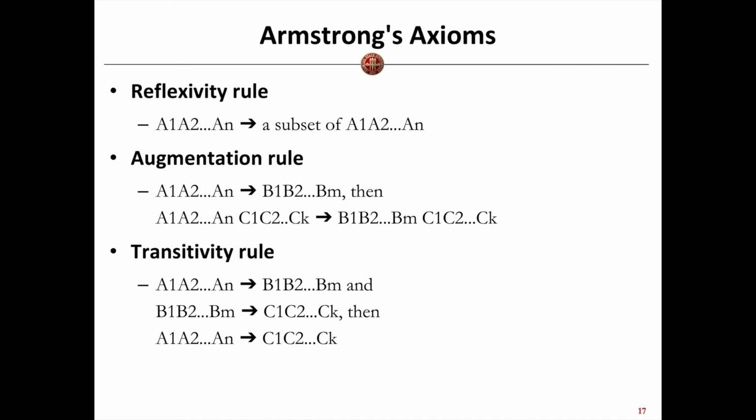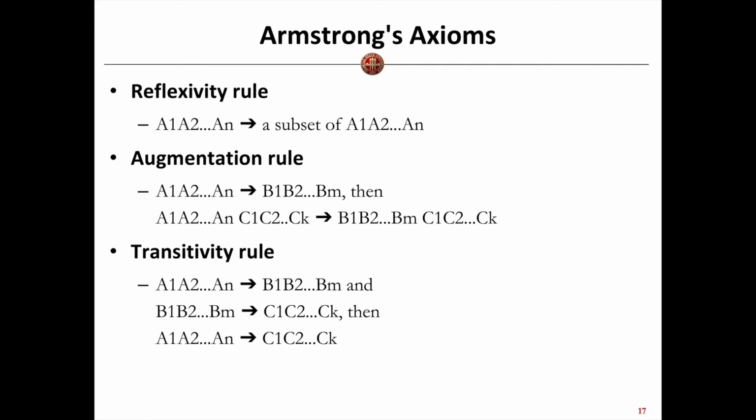And the second one is called the Augmentation Rule. Given an existing FD, A1 to AN implies B1 to BM, we can augment both sides of this FD by adding C1 to CK on both the left-hand side and right-hand side. And we get A1 to AN, C1 to CK implies B1 to BM, C1 to CK.